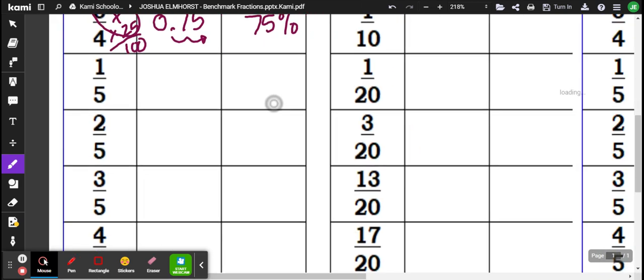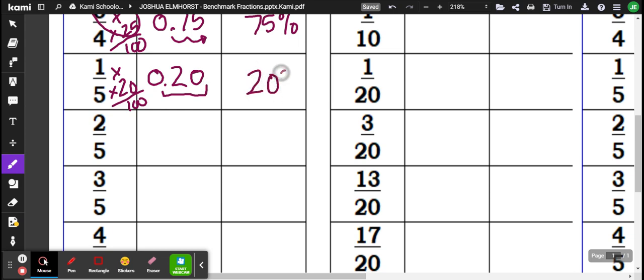Okay, now looking at the fractions of fifths, using our factor chart on the wall for hundredths, 5 times 20 will give us hundredths. And then 1 times 20 will give us 20 hundredths. 20 hundredths, this hundredths place value is your percent. 20%.